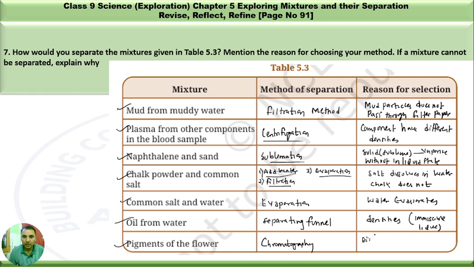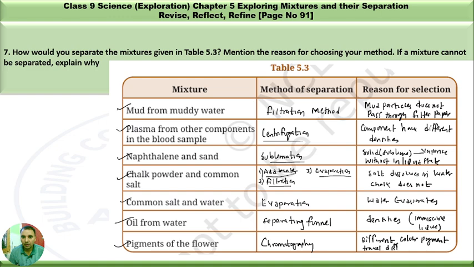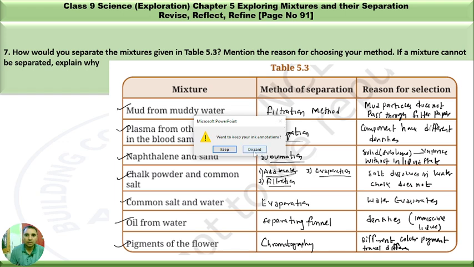So I will write the reason for separation: different color pigments travel at different speeds, and because of which I can see that chromatography method is more applicable in this case.